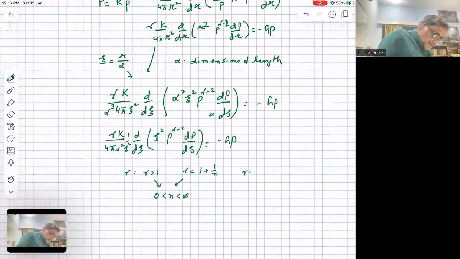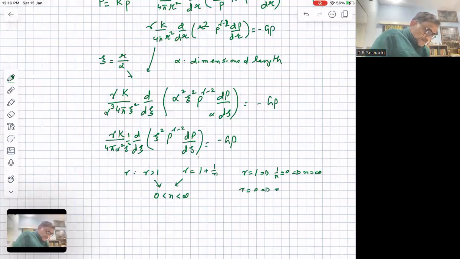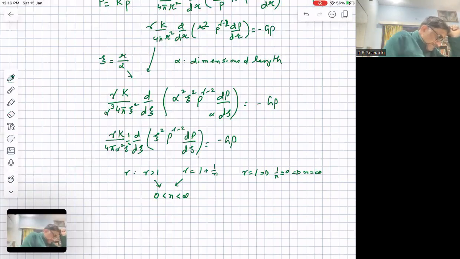So when gamma is equal to 1, 1 by n is equal to 0, which implies n equal to infinity, and gamma equal to infinity implies n equal to 0.